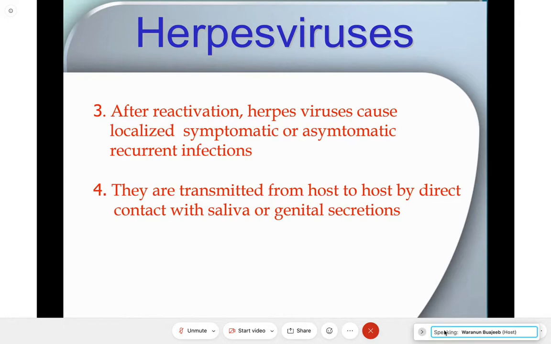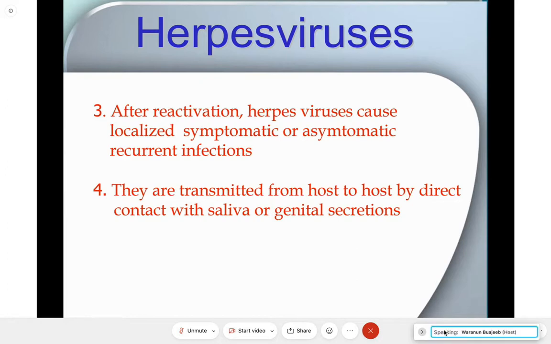The reactivation can be both symptomatic and asymptomatic. Sometimes without any lesion, replication occurs and can cause shedding of the virus, maybe in the oral cavity if it remains latent in the trigeminal ganglion.